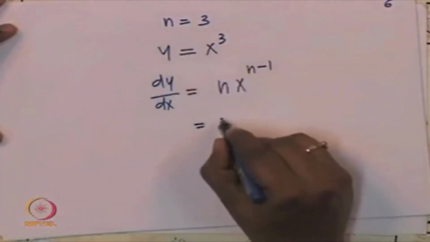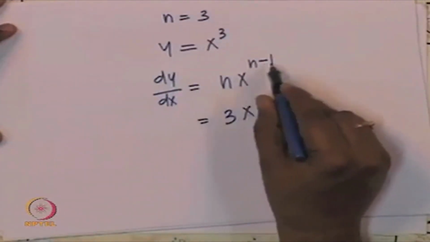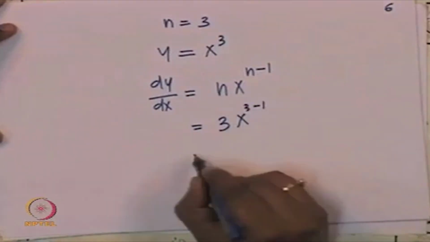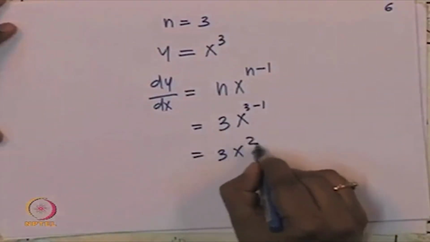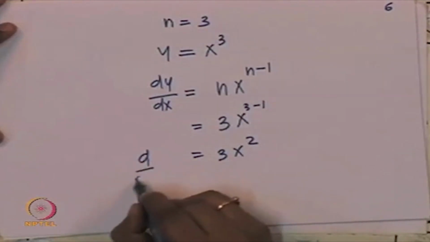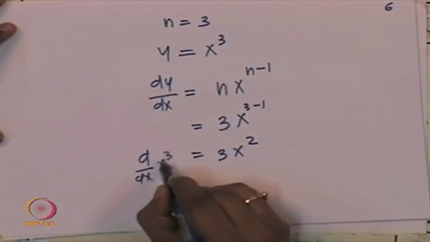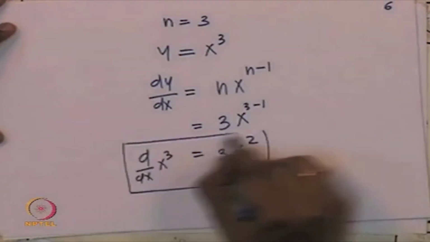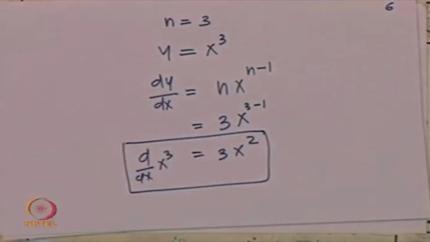So n is 3, so 3 x power 3 minus 1, which is 3 times x square. So d by dx of x cube is 3 times x square.